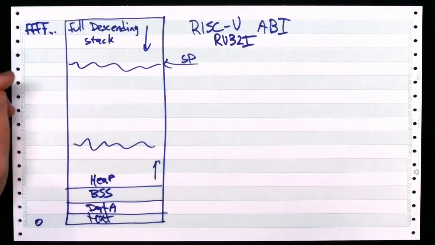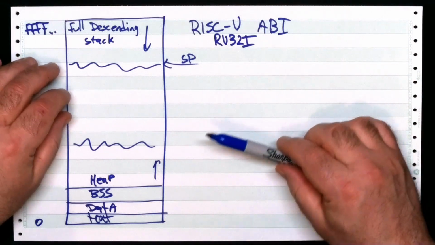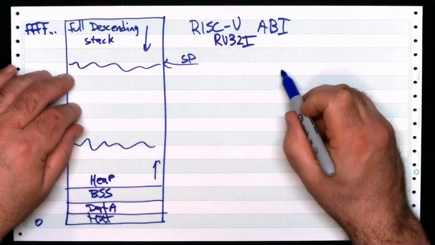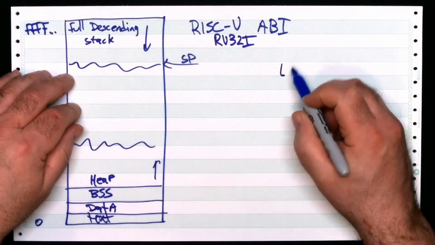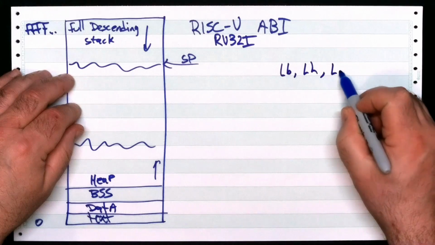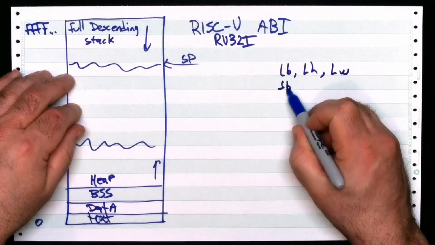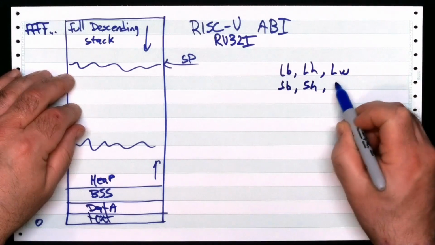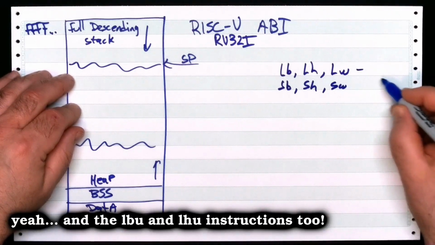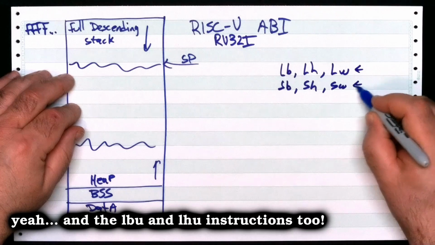Now keep in mind that the RISC-V only has load byte, load half word, load word, and it has store byte, store half word, store word. These are the only instructions that can read from and write to memory.